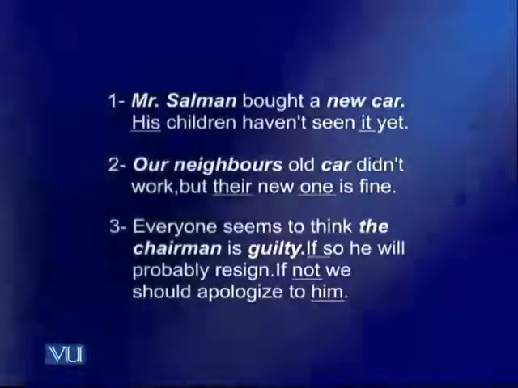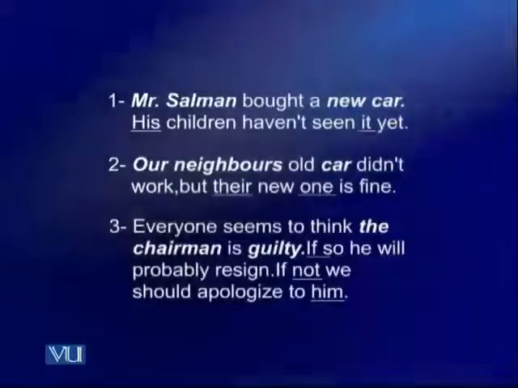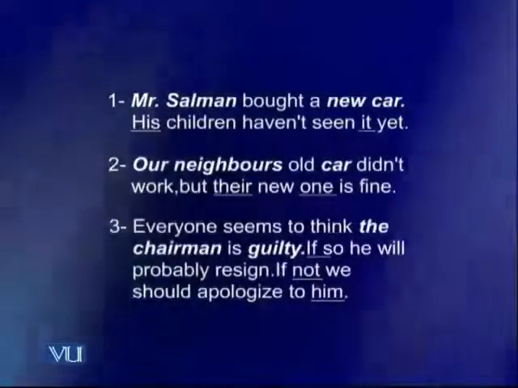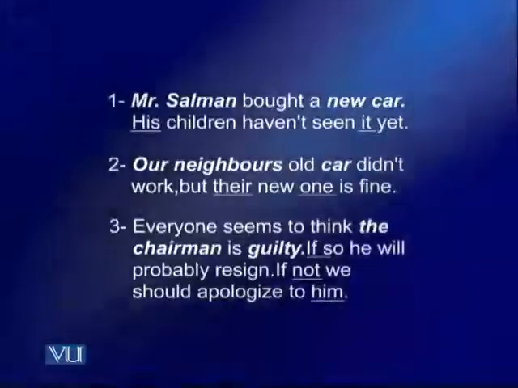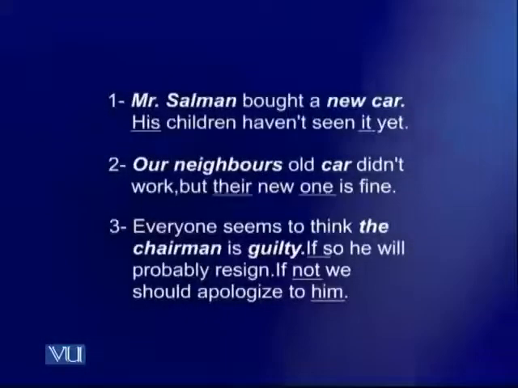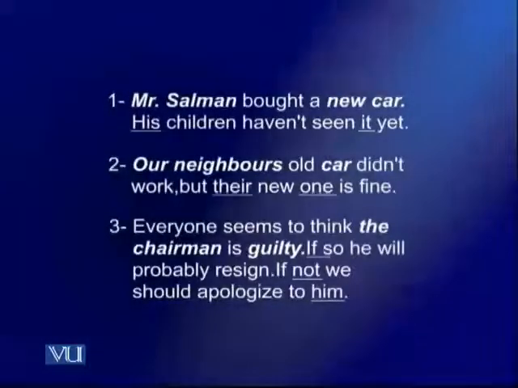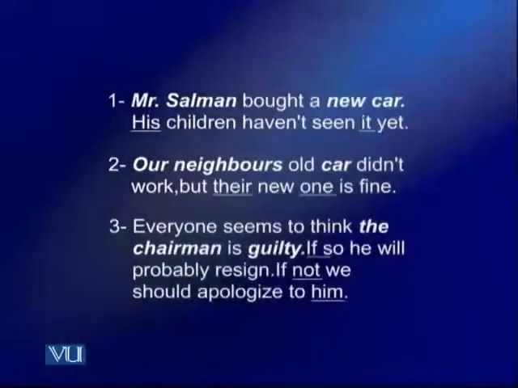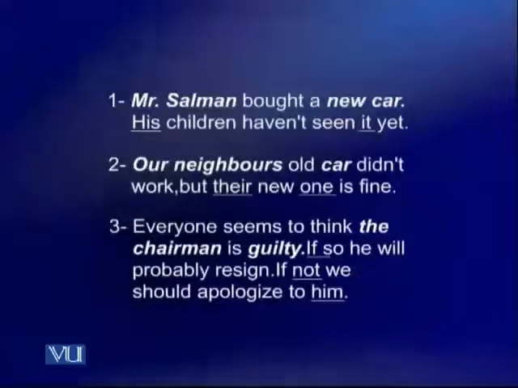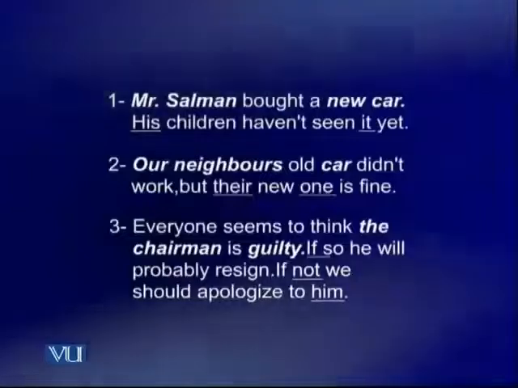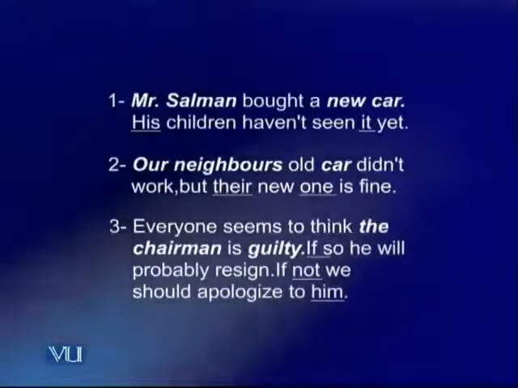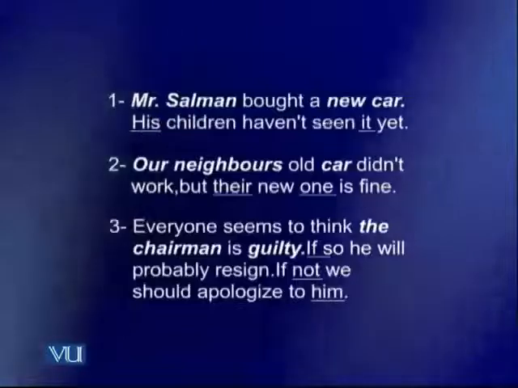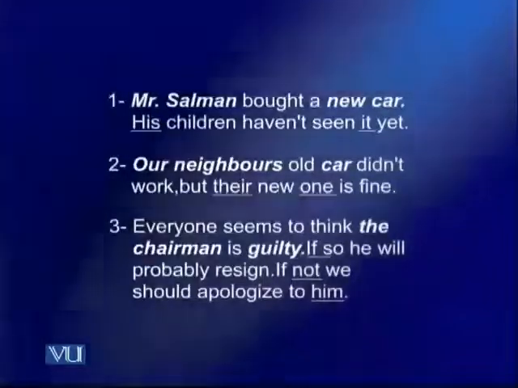And in the second half, we have the 3 words so, not, and him underlined. Him refers to the chairman, and the word guilty has 2 references in the second and the third sentences. So, if so, so refers to guilty, and if not, not also refers to guilty.